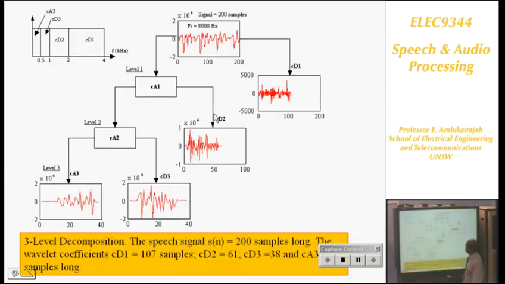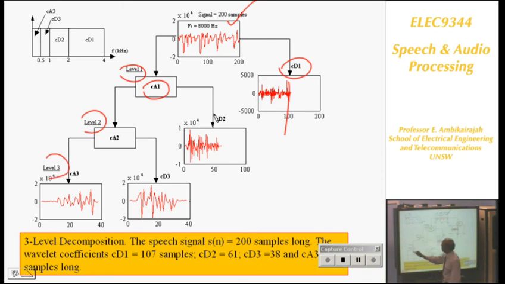Here is an example. I start with a speech signal of 200 samples. I divide them into two bands. I got CA1 and CD1, detailed coefficients. So I got 100 coefficients here. And then I went further and divided them, and I got level 1, level 2, level 3. So what I've done is, I took the 4 kilohertz initially, and I divided them into 2 first.